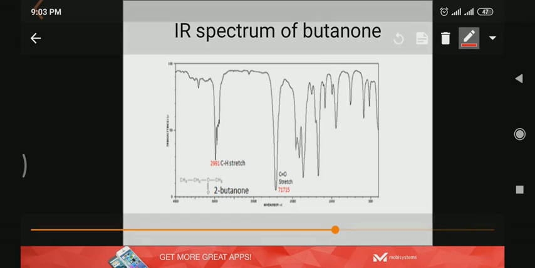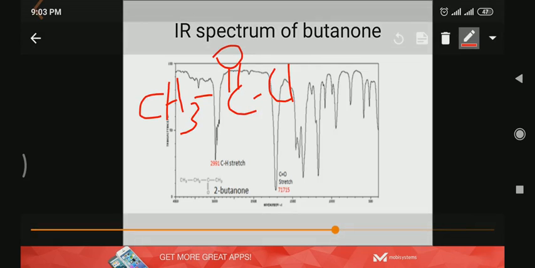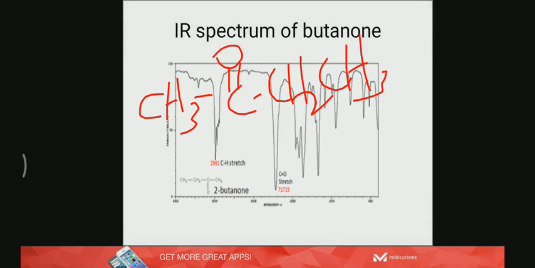You know the structure of butan-2-one, CH3, C double bond O, CH2, CH3. Okay, what is the most important IR peak for this compound? Definitely the most intense peak, that of carbonyl group C=O, around 1715 centimeter inverse.